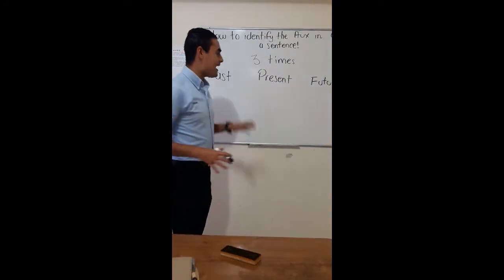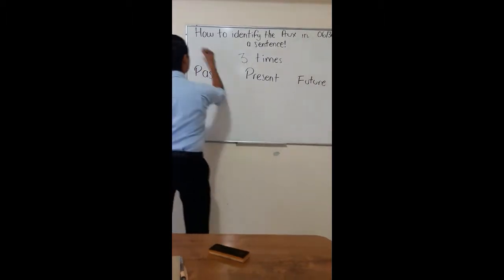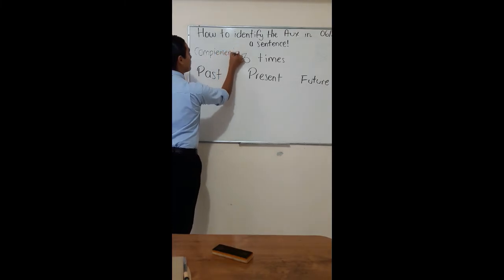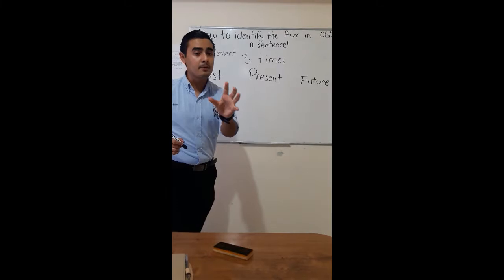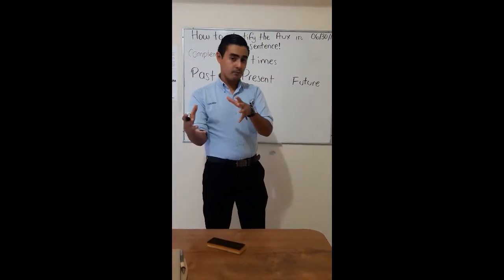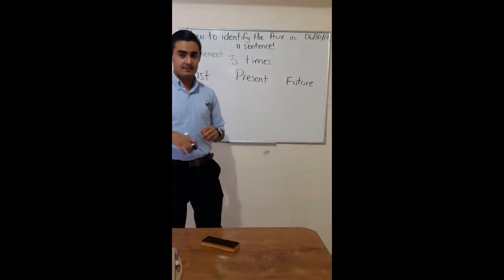Now, once we have these 3 ideas, we have to observe the complement, okay? We have to observe the complement of the sentence. Normally, the complement is at the end of the sentence, okay?